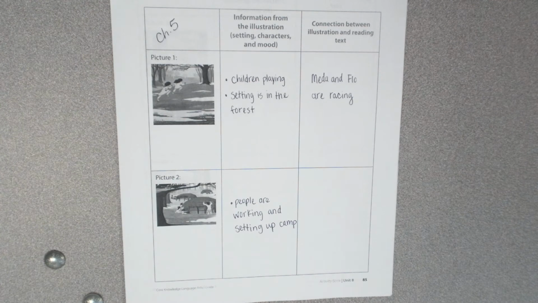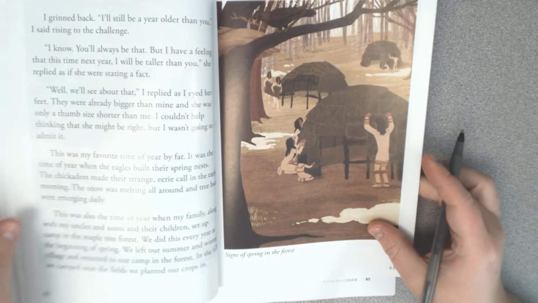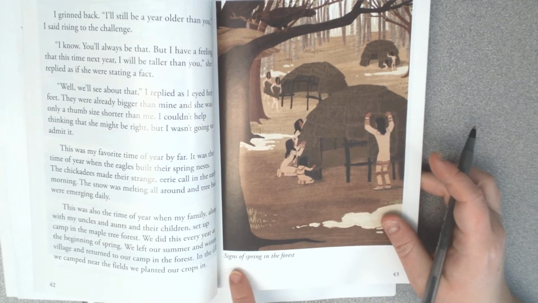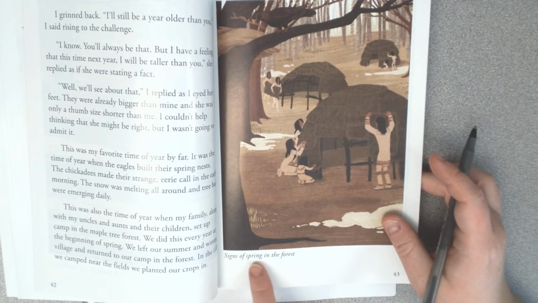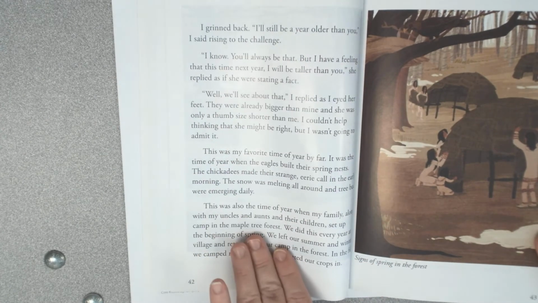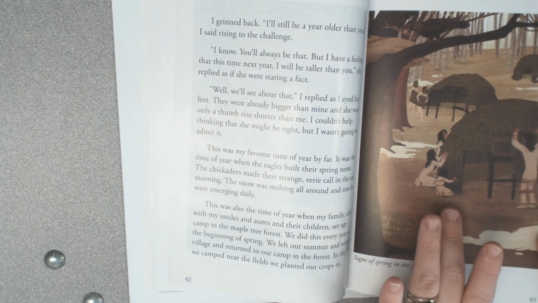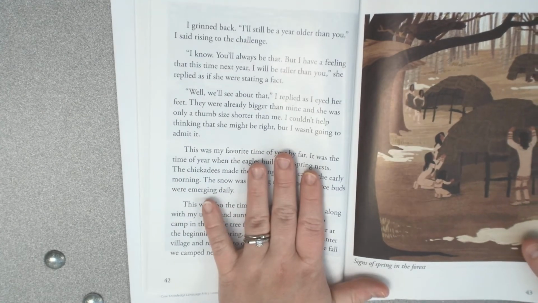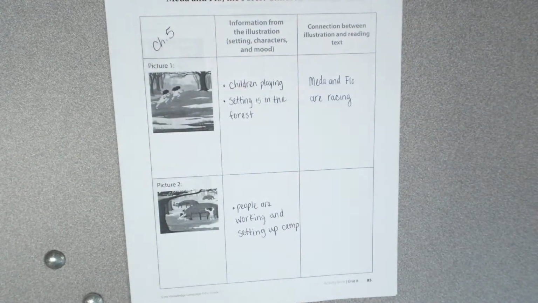And then when we read it, it gave us information about setting up camp near fields that have been planted. So again, you can see that there are signs of spring in the forest. And here it talks about setting up camp. So the same thing that's happening here is happening with the words, right? So they're just setting up camp.